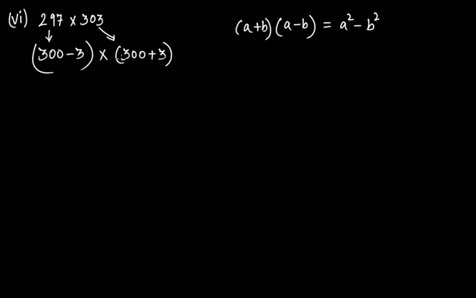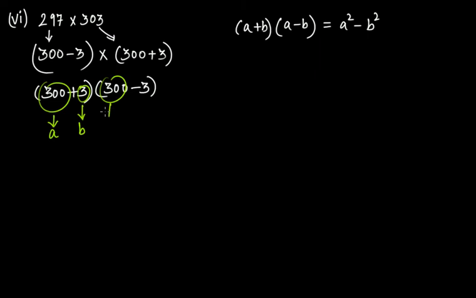So we can write this as (300 plus 3) multiplied by (300 minus 3), right? Here we take this as a, this as b, and it's of the form (a plus b) multiplied by (a minus b). We have written this expression in this form using the commutative property of multiplication that states that a multiplied by b is equal to b multiplied by a.